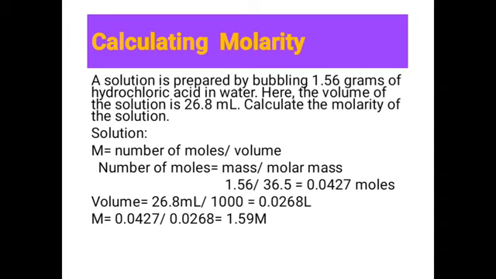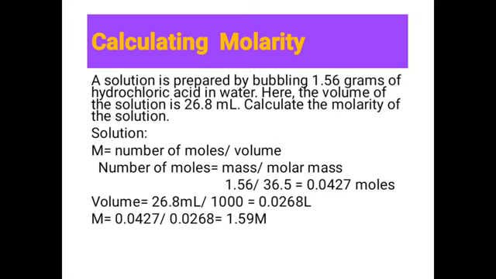Now let's focus first on how to calculate molarity. Please note, before we go into this example, we can have mass concentration in terms of gram per dm cube, and molarity in terms of mole per dm cube.